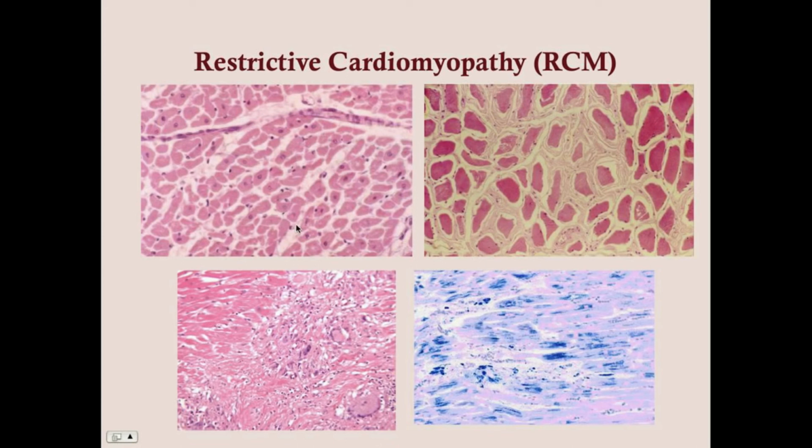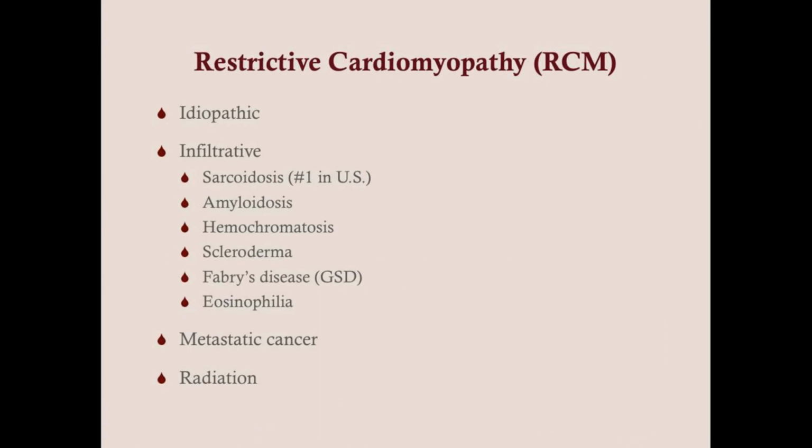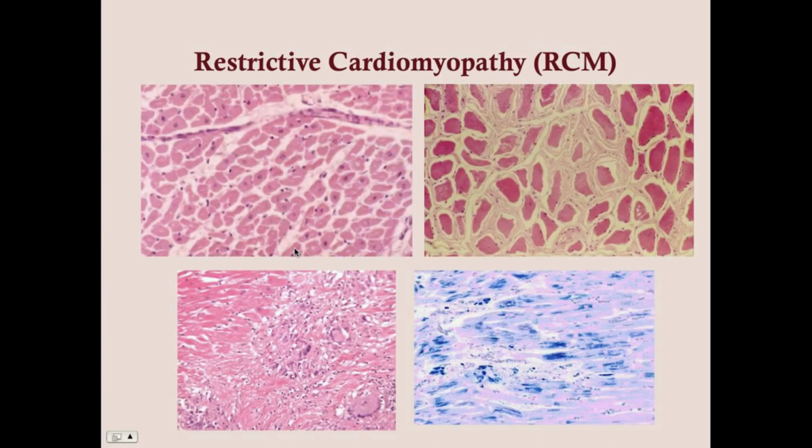Okay, so in this case, we have a restrictive cardiomyopathy because look at all of this collagen that's forming around the heart cells. So what cause do you think that is? That would be scleroderma. You're getting collagen deposition around the heart cells.